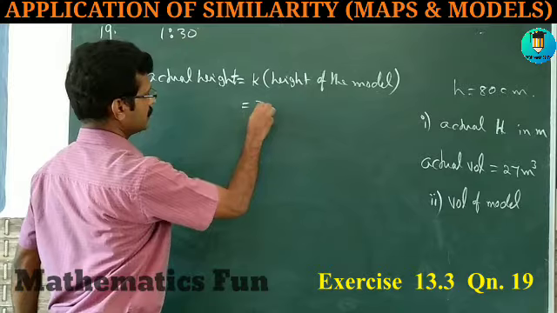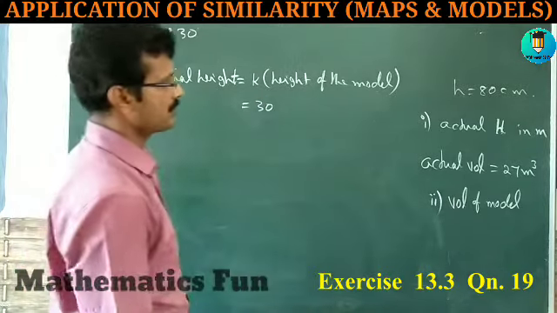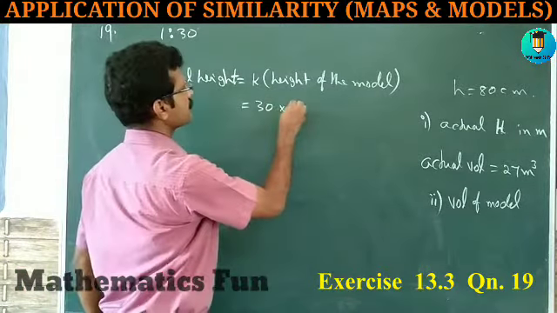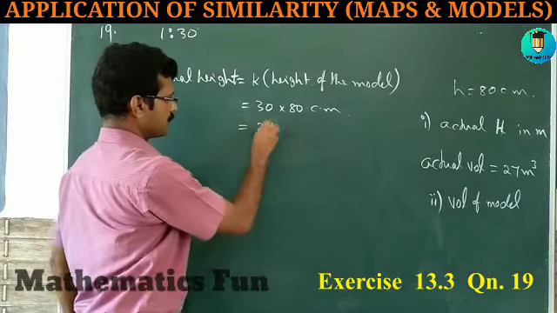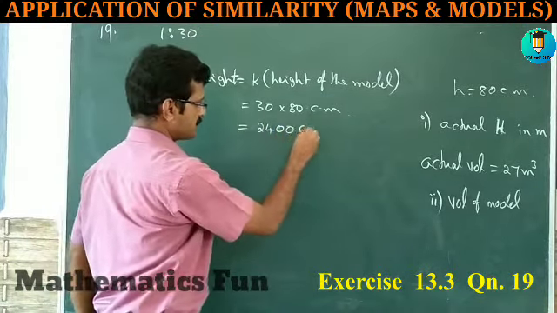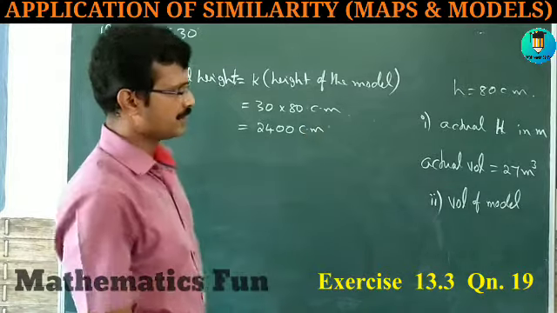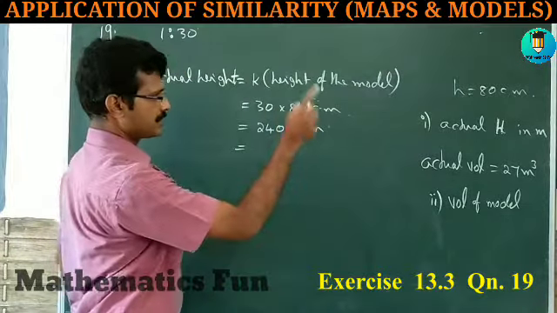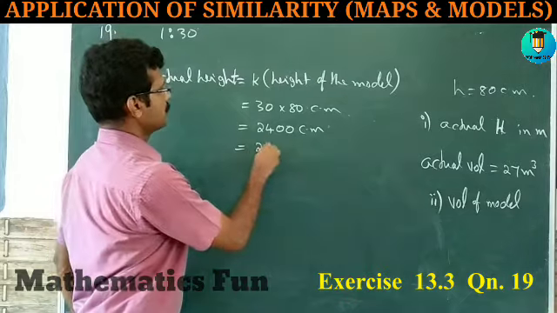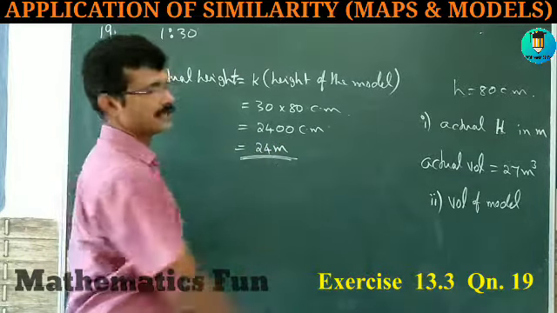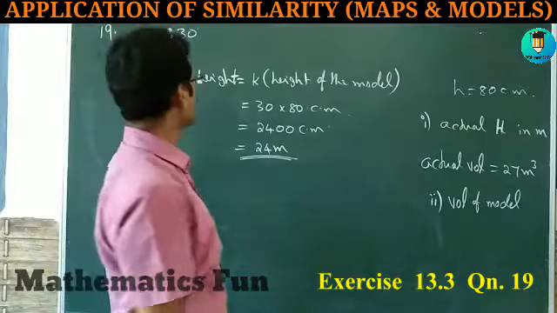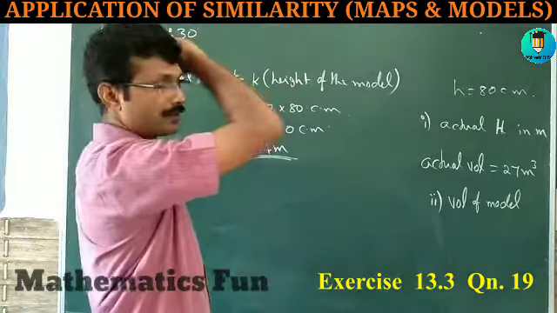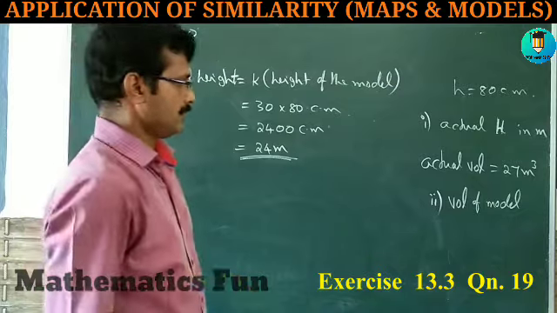So K is 30 and the height of the model is 80 centimeter. So it is 2400 centimeter. But we need it in meters, so I have to divide by 100. So it is 24 meter. That is the first part. You should know this result: actual height is equal to K into height of the model.